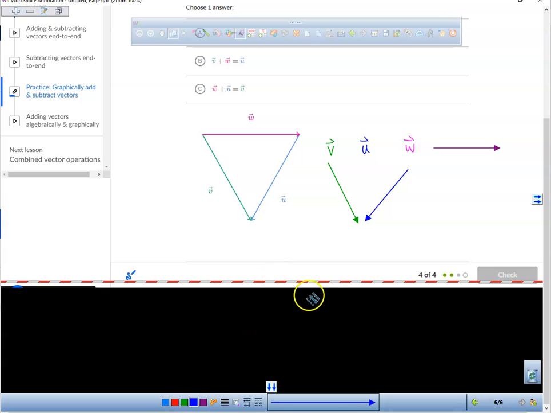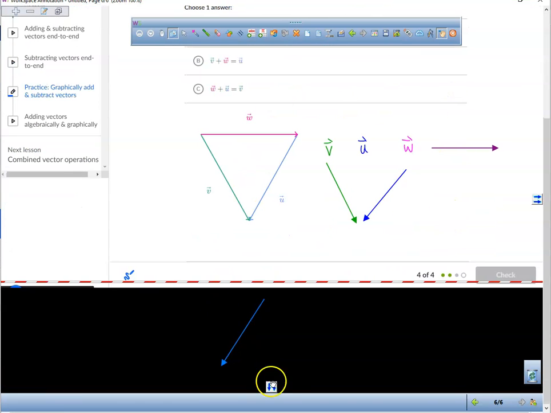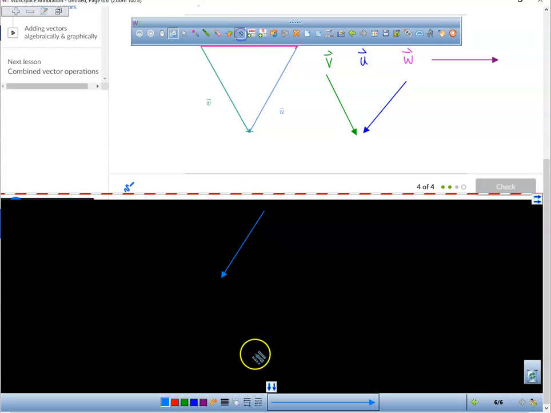U goes which direction? I better change colors. Yeah, it goes down to the left. Okay, down to the left. What does V do? It goes down which direction? Down to the right. And vector W goes right there.